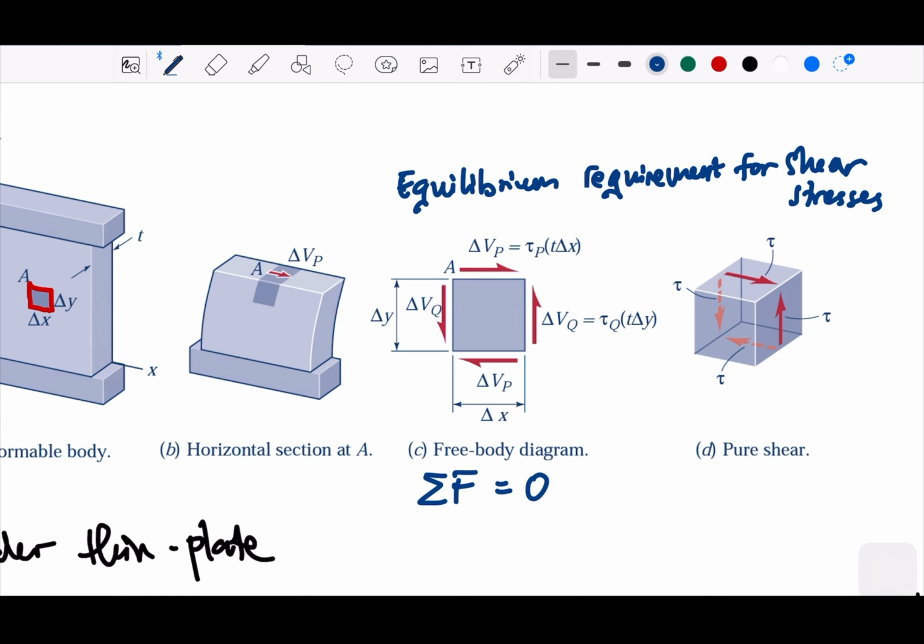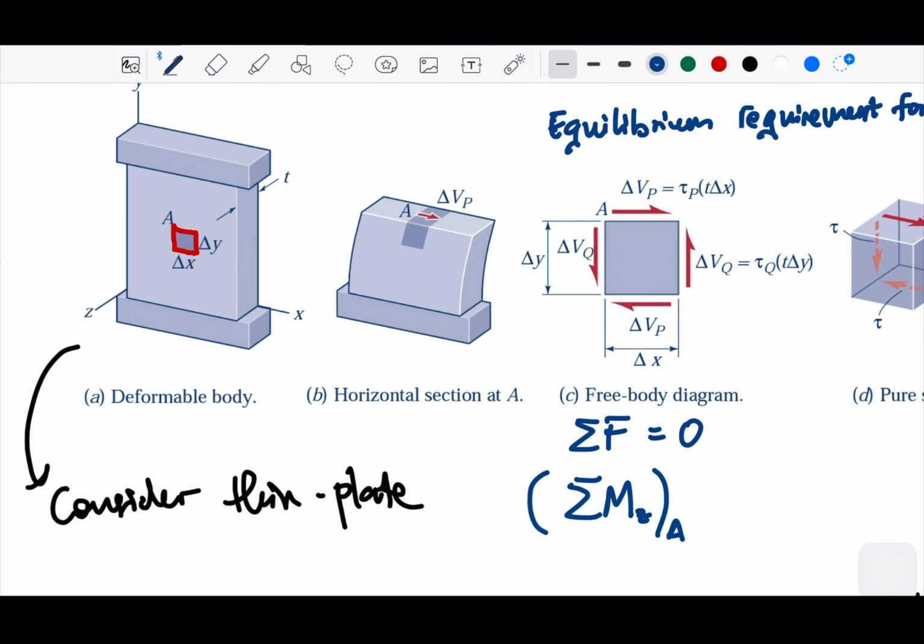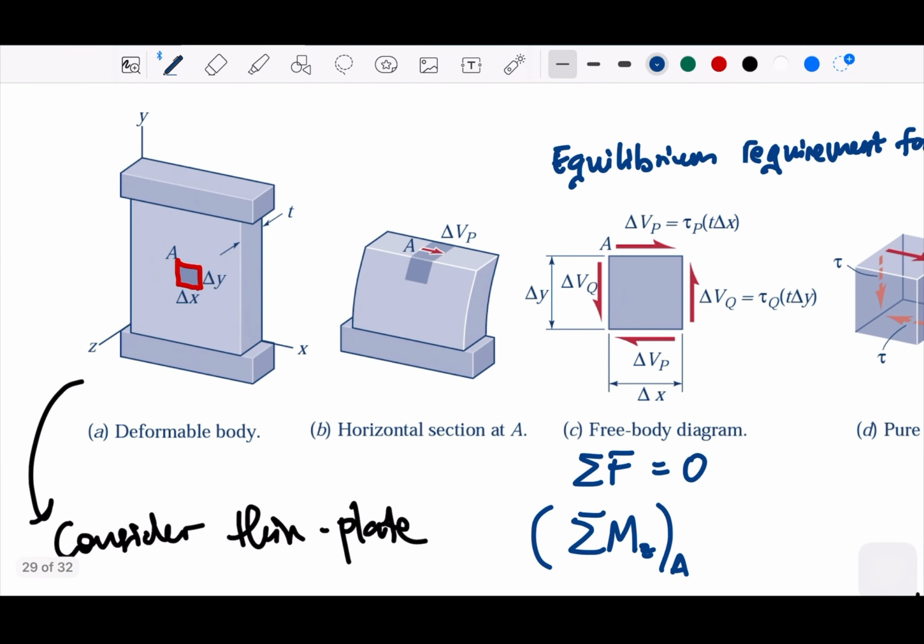And then, aside from this sum of the forces, we need to sum the moments. Sum the moment at A, so Mz at A. The z is going to be here; x, y, and z.